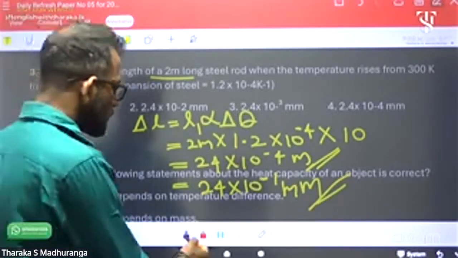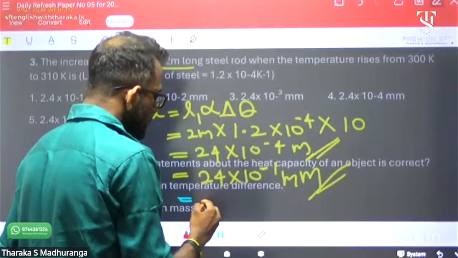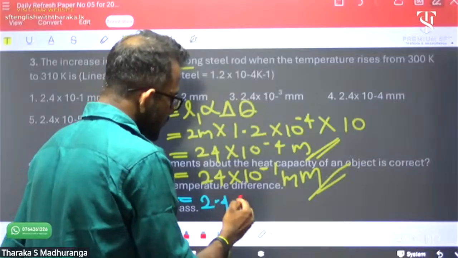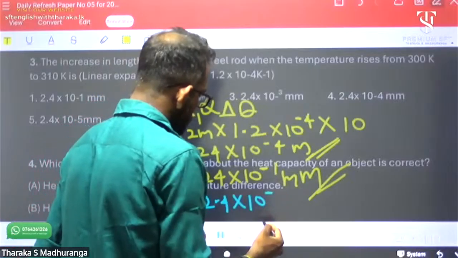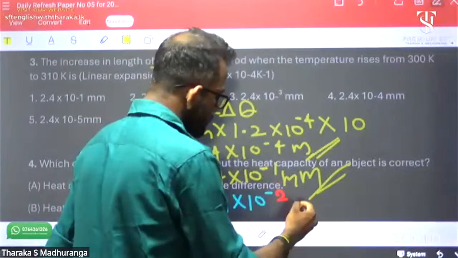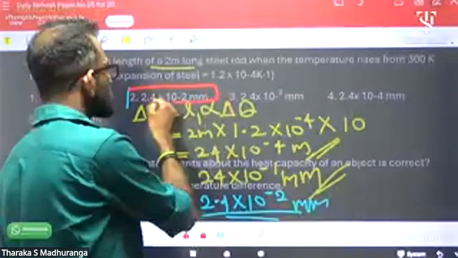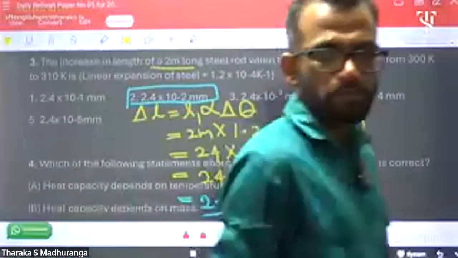You can make it 2.4. If you get 2.4 millimeters, that is 2.4 into 10 to the power minus 2 divided by 10, 2 millimeter. Answer number 2.